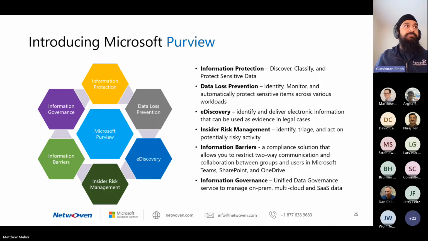Insider risk management to identify, triage, and act on potentially risky activity within the organization itself. Information barriers, the compliance solution that allows you to restrict two-way communication and collaboration between groups within Teams, SharePoint, and OneDrive. And then lastly, information governance, the unified data governance service to manage all of your content within on-prem, multi-cloud, and SaaS solutions.